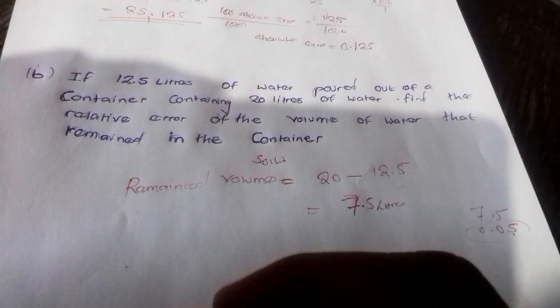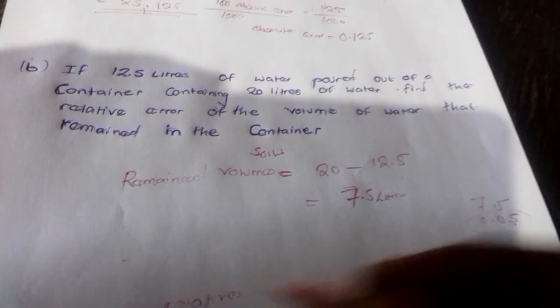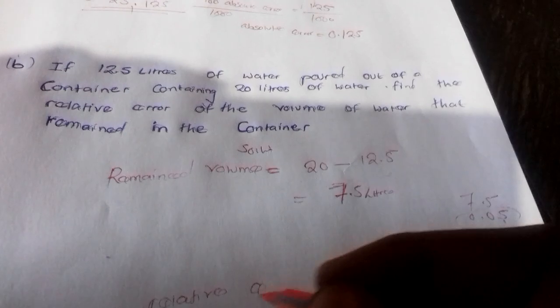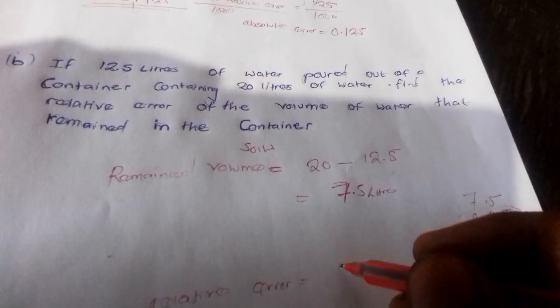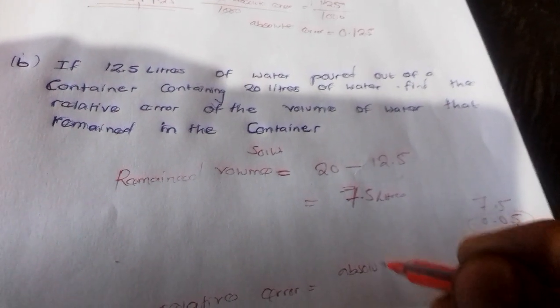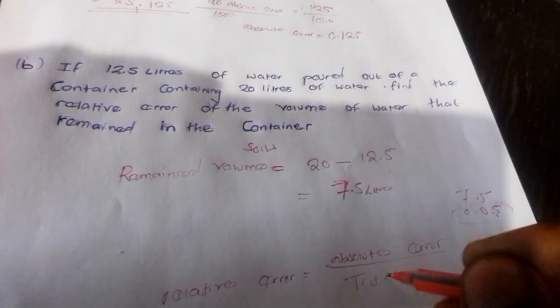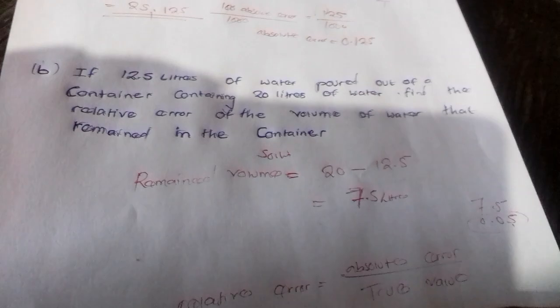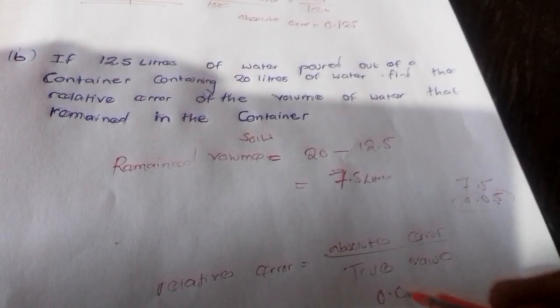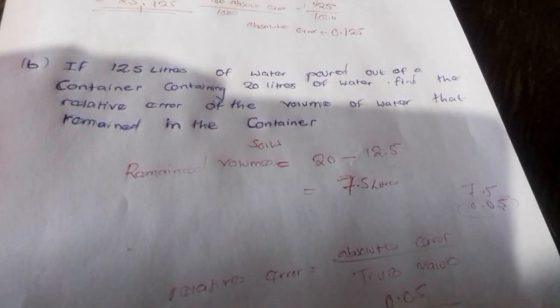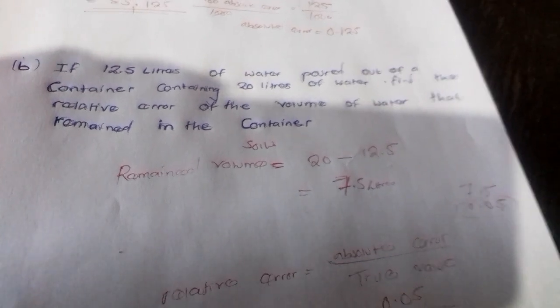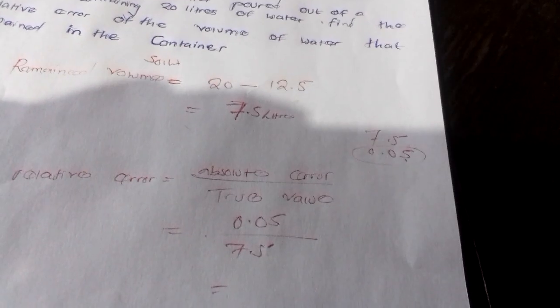So we know that relative error is equal to absolute error over true value. So we have the absolute error as 0.05 over 7.5. This is paper 1, so we don't have a calculator.